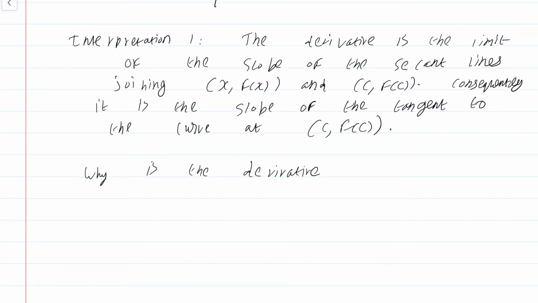Why is the derivative so useful? This slope business doesn't really answer this question. It's a nice geometric interpretation, but it's not clear why the slope of the tangent is so useful in all endeavors of human study.